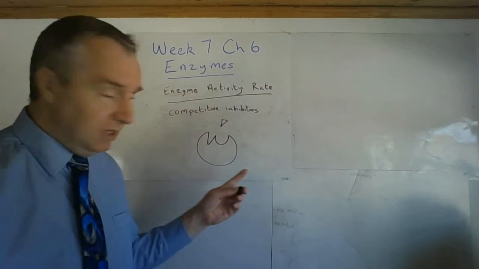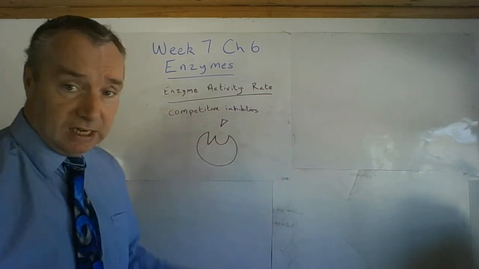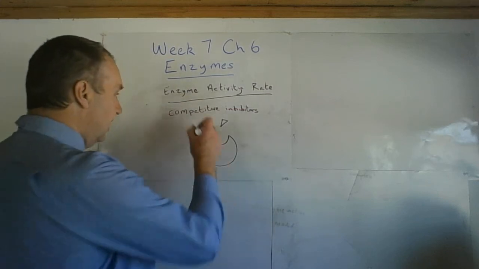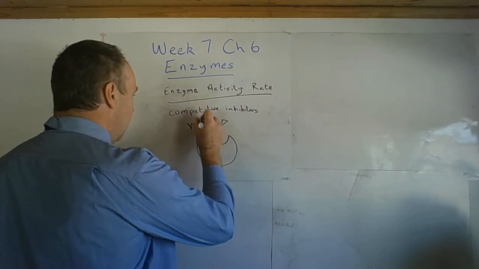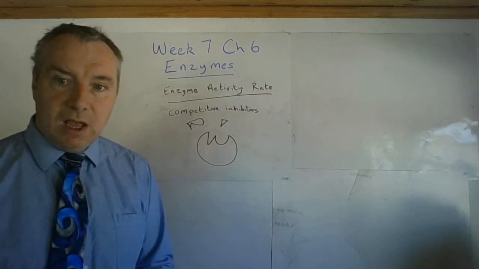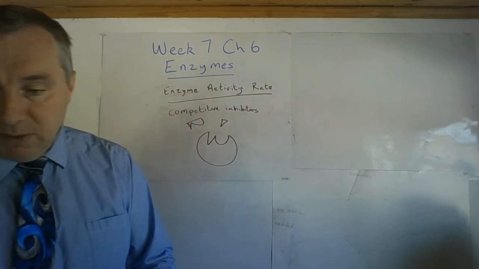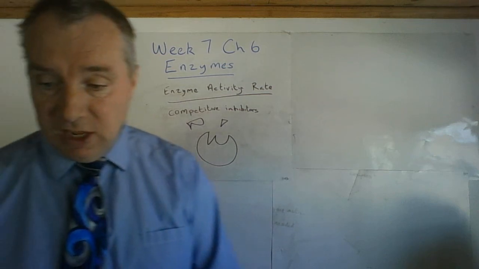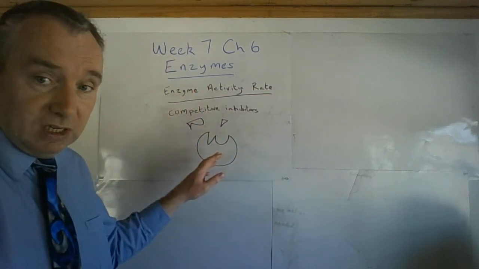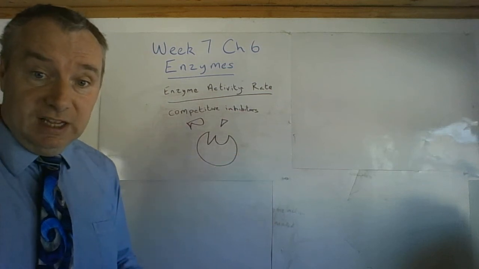It competes for the active site, this area here, the active site on the enzyme, and then this thing, which is our ideal substrate, can't fit in there because this thing's in the way, and that's called competitive inhibition. And it competes with the substrate for the active site on the enzyme.